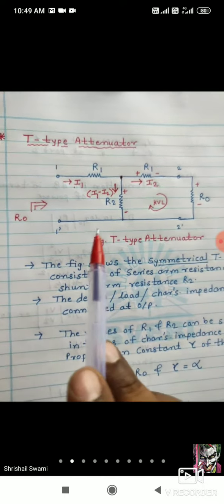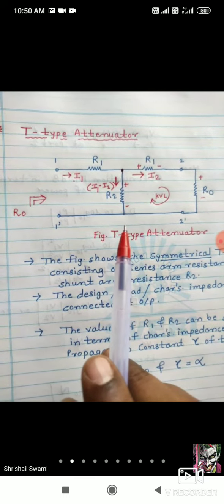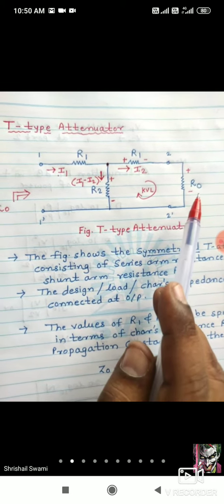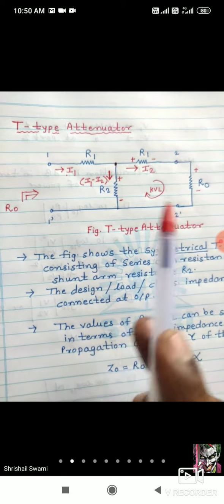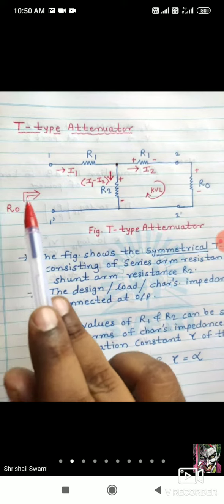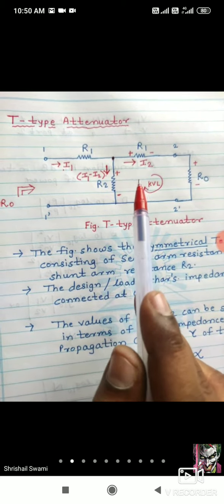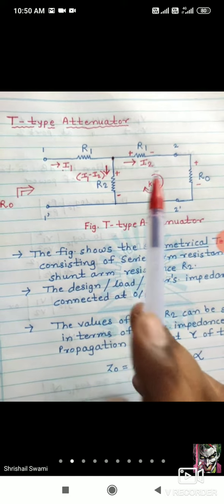So already we have seen in the filter network type at the start, before starting the constant K type, here also Z0, here also Z0. Okay, now Z0 is replaced by R0. So this will give the total impedance, and KVL will give the relation of current and R1, R2.